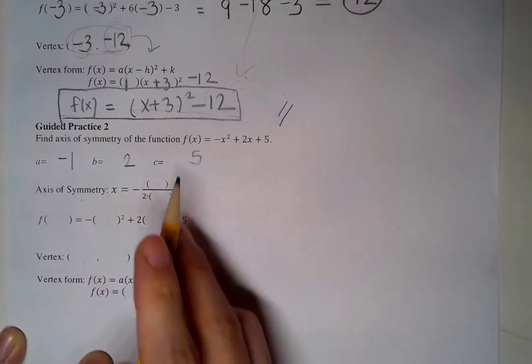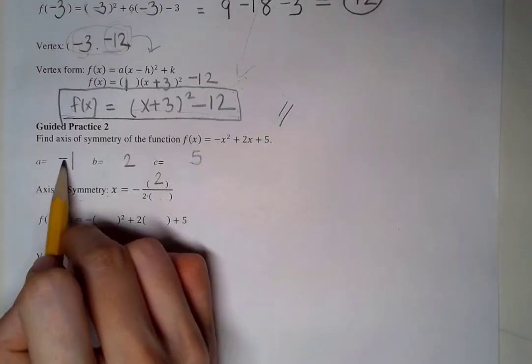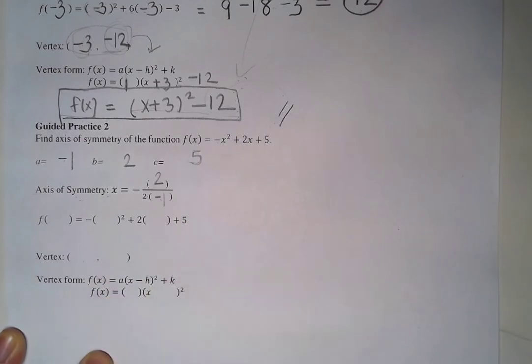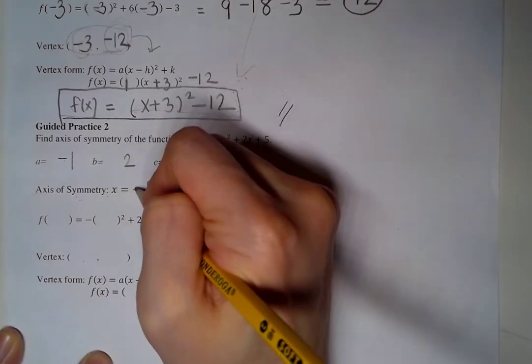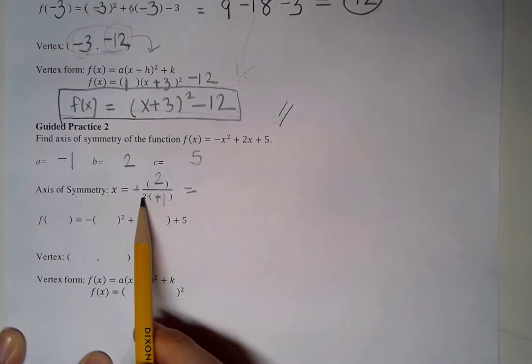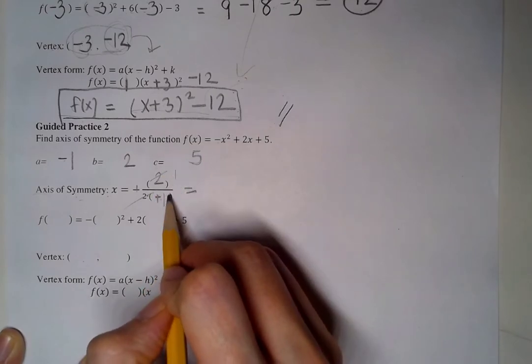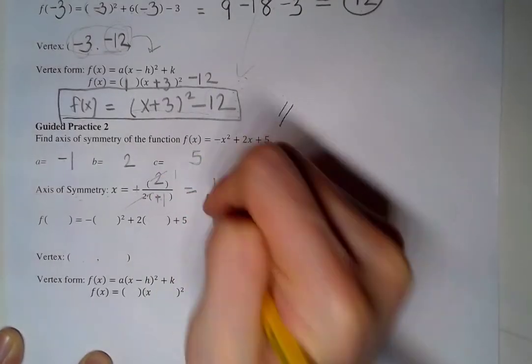Negative B over 2A. My A is negative 1. Like this. How many negative signs do you have? 2. They cancel out. And do you see 2, 2 cancels out? Then you have 1 over 1, which is 1.